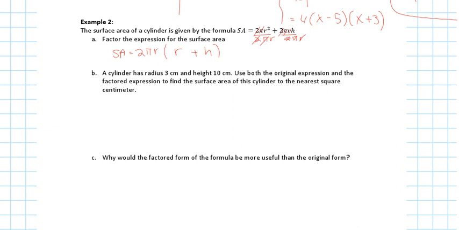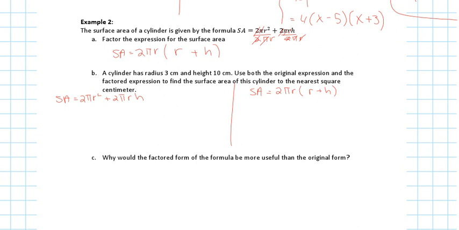All right. A cylinder has a radius of 3 centimeters and a height of 10 centimeters. Use both the original expression and the factored expression to find the surface area of the cylinder. So they want you to use the original formula and the factored formula, and plug in 3 for the radius and 10 for the height and solve.